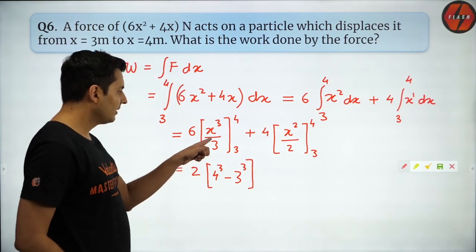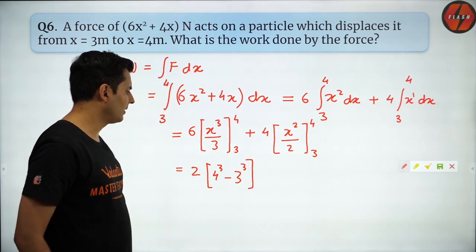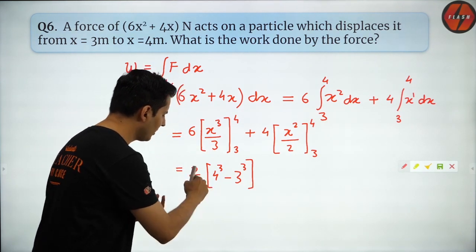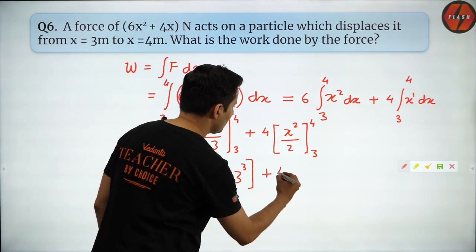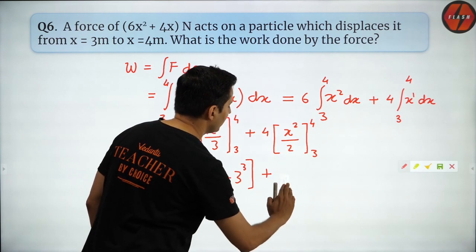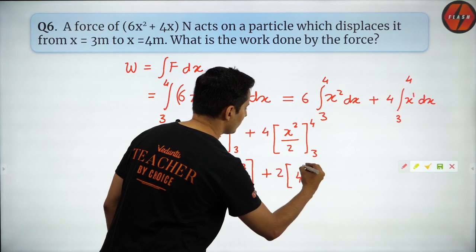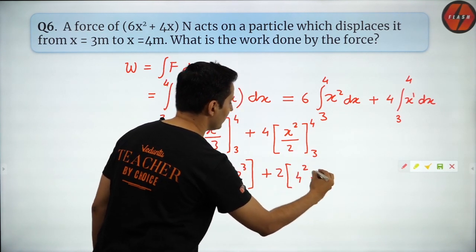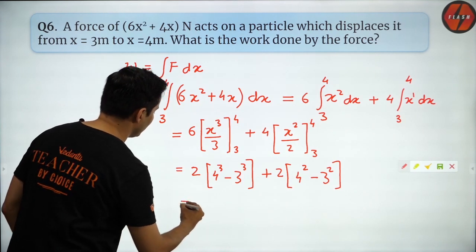Plus 4 divided by 2, which is 2, and first put 4 here, so 4 square, then 3 square. Now just simplify it, you will get the answer.